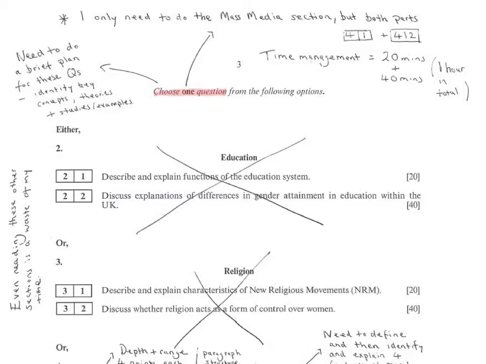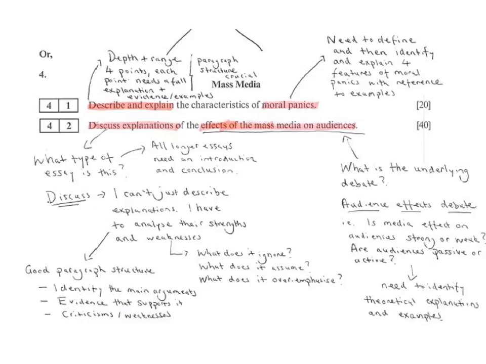For the 20 mark question, what I need to provide is both depth and range. So it's asking me to describe and explain the characteristics of moral panics, and I know with this question that what I need to be thinking is ideally I should be making at least 4 points, and each of those points that I identify needs a full explanation and needs to be linked to relevant evidence and examples.